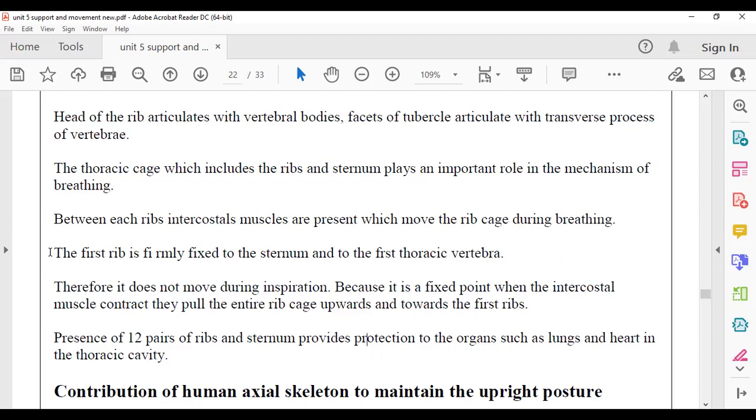The first rib is this, okay, no? Yes, sir, but it does not move during inspiration. Wait, I'll tell you. I thought you would be asking it.